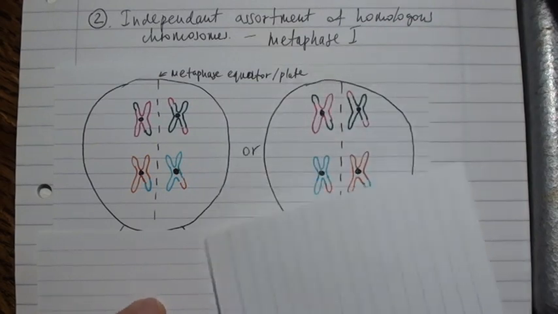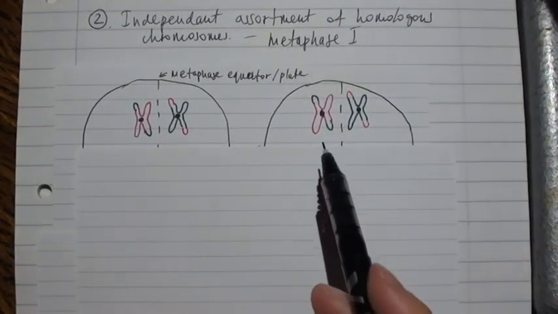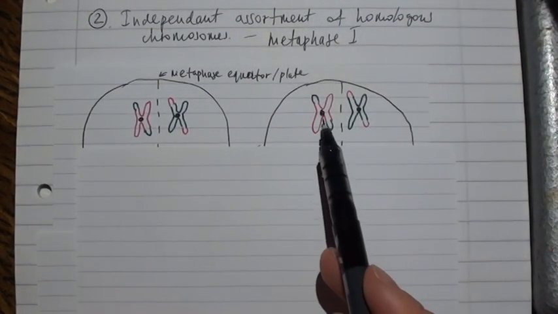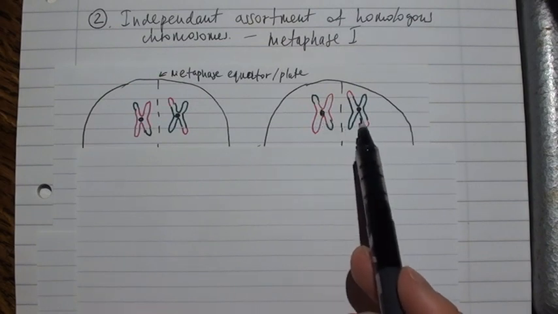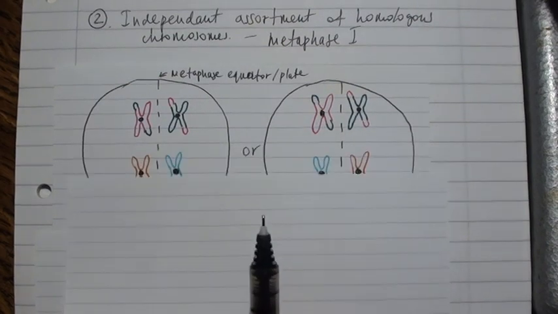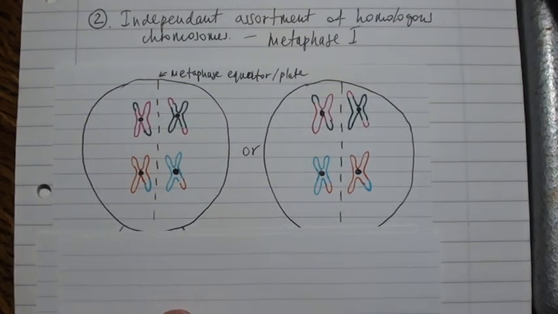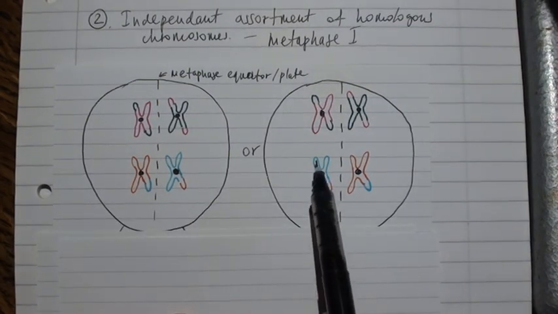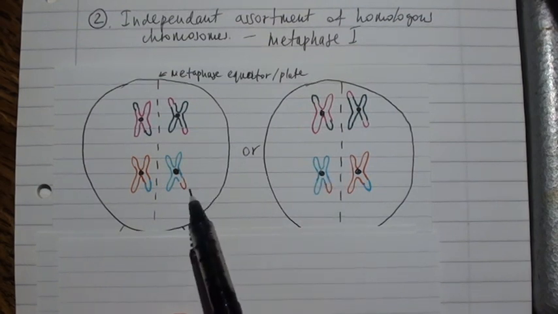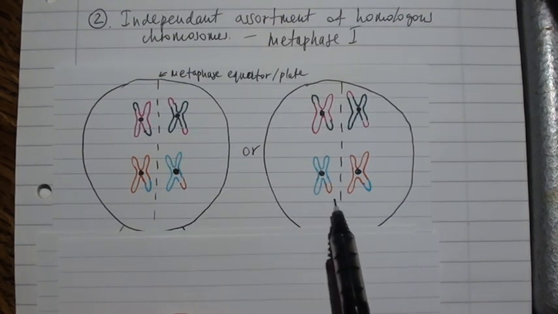In my second picture, the first pair of chromosomes are exactly the same. I still have the pink one on this side, green one on this one. But the second pair of chromosomes swapped places. The one which is mostly blue is now on the other side of the equator, as you can see.